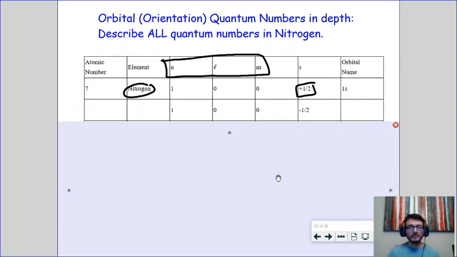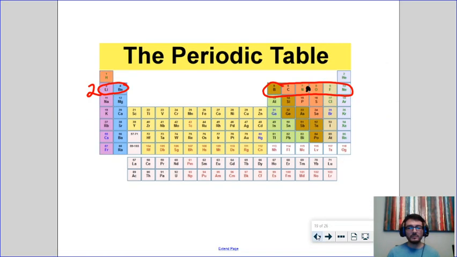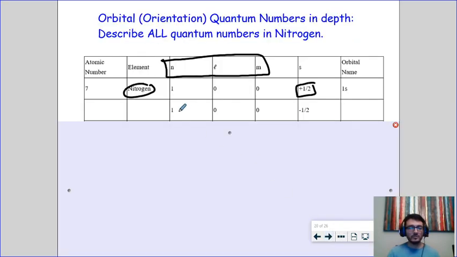Then the next electron. We did hydrogen. The next electron is helium. Still in the first quantum number, in the first energy level, S shape, 0 orientation. But now looking at this number, and we'll talk about what that means exactly in just a bit, the 4th quantum number for our first electron is, we'll call it our spin.